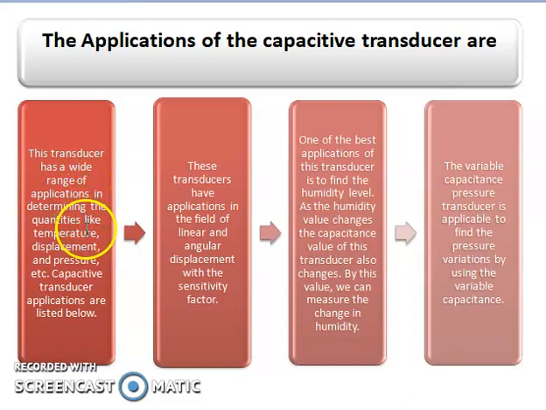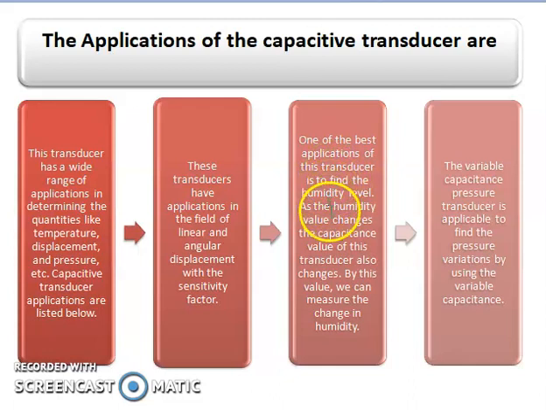And coming to the applications of the transducer, these transducers have a wide range of applications in determining quantities like temperature, displacement, pressure, etc. The capacitive transducer applications are below. These transducers have application in the field of linear and angular displacement with the sensitivity factor. One of the best applications of the transducer is to find the humidity level.